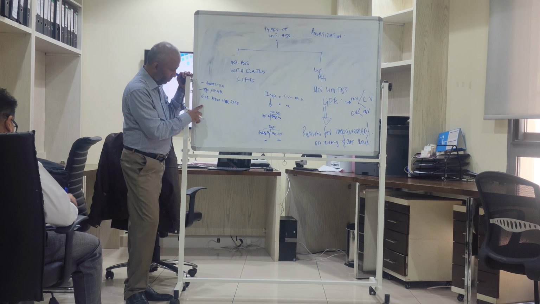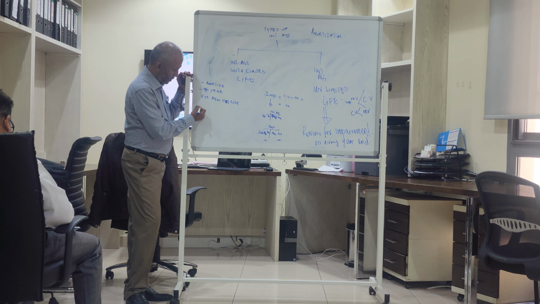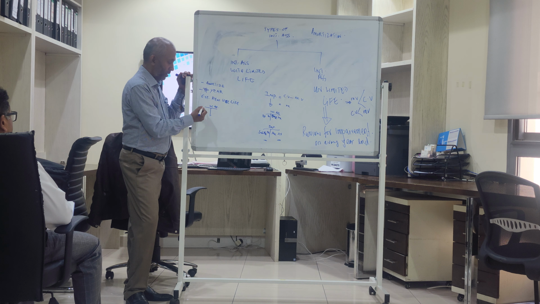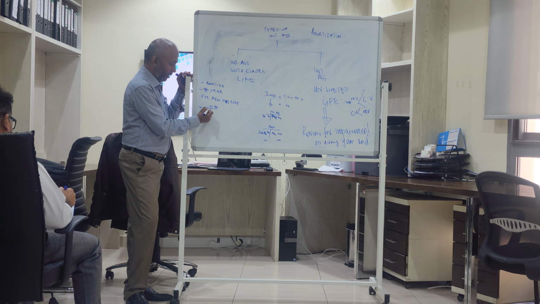Here, let's say I have the intangible asset with a life of 10 years. We calculate amortization. The double entry is the same as depreciation: debit amortization, credit accumulated amortization.